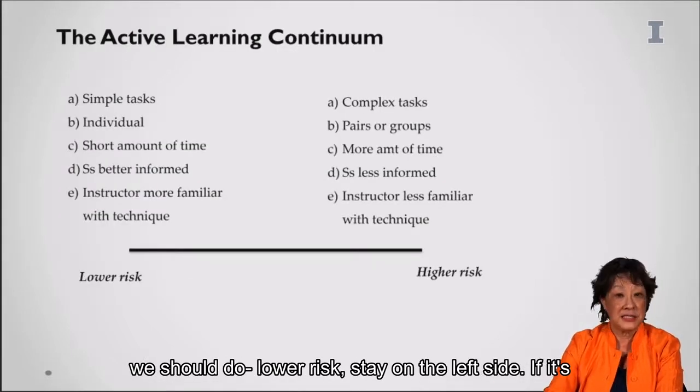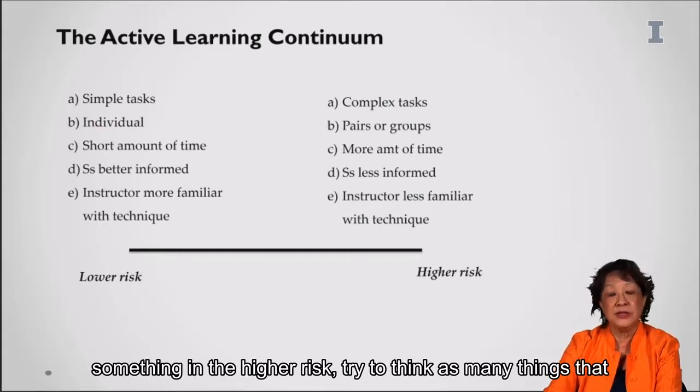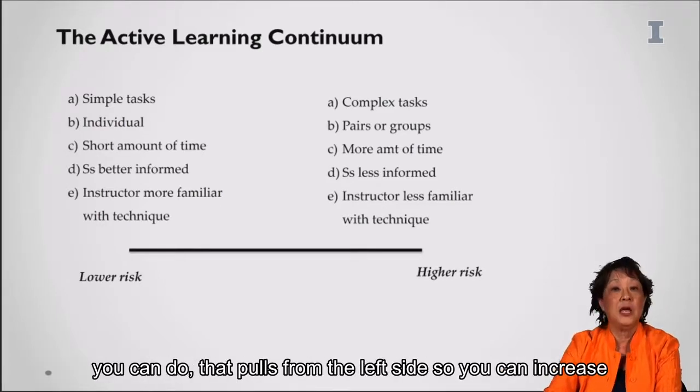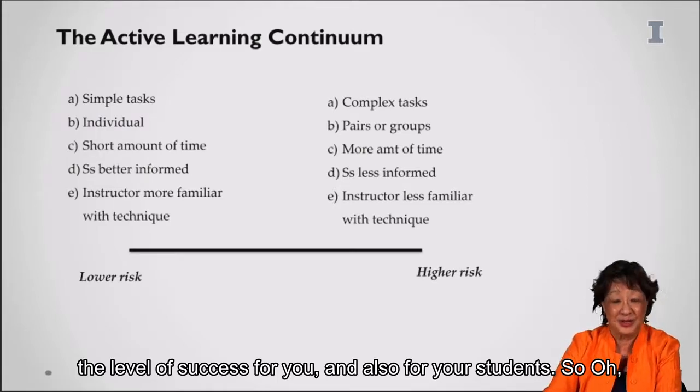Lower risk, stay on the left side. If it's something higher risk, try to think of as many things as you can that pull from the left side so you can increase the level of success for you and also for your students.